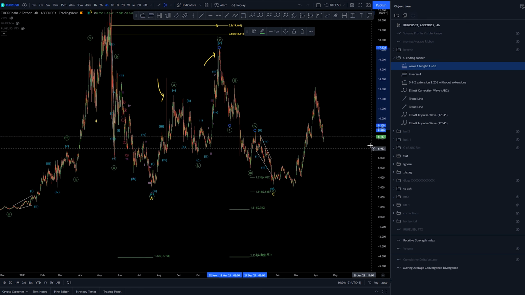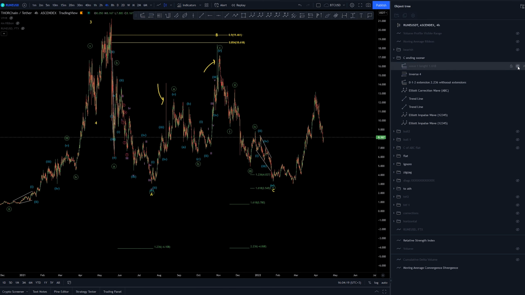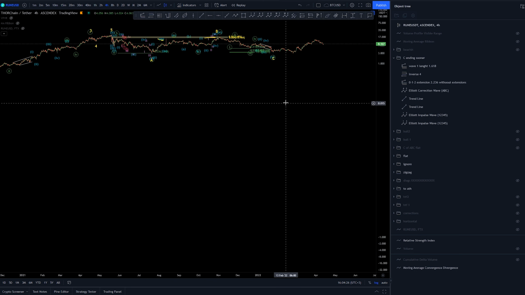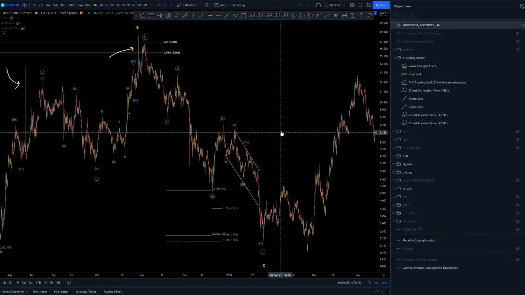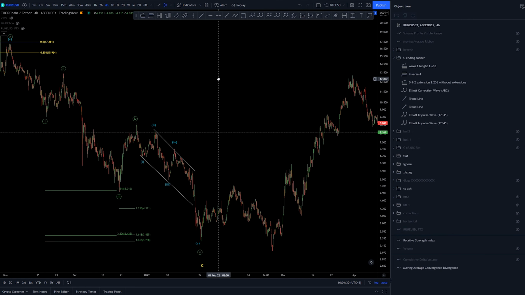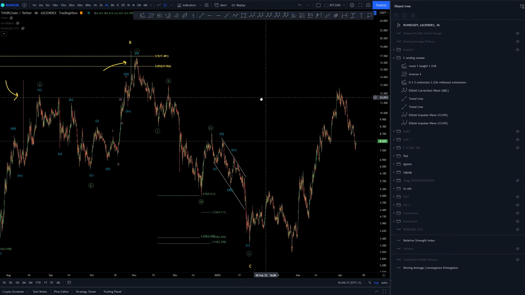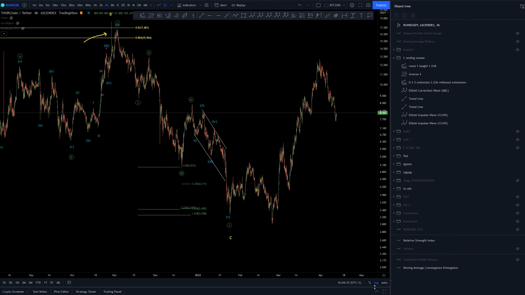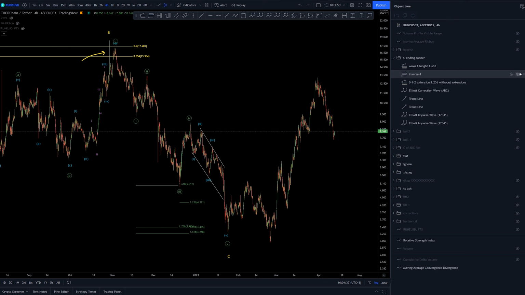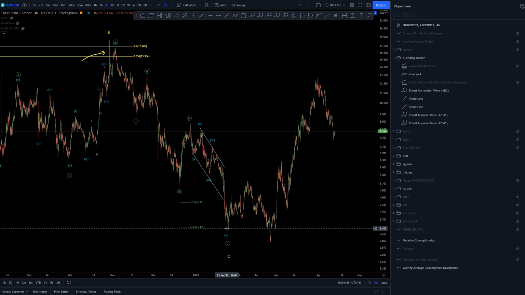Okay, I guess the targets for this one are way below, around here, so in the minus territory. So I guess I was on a logarithmic chart, that's why it looked so weird. Okay, there we go. Let's get back into the semi-logarithmic chart. Now these targets probably make more sense. So the wave 4 inverse area around here just barely hit the 1.618, which is fine.